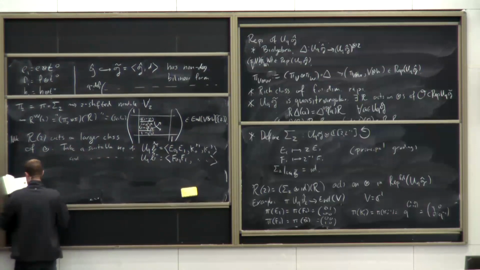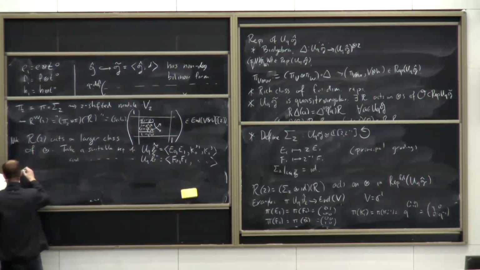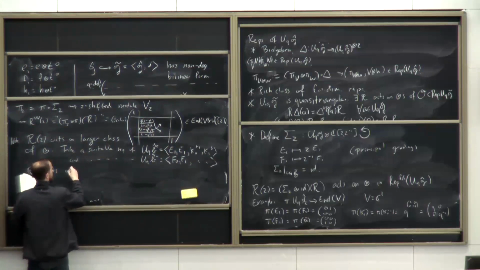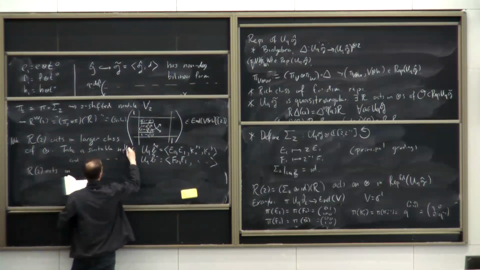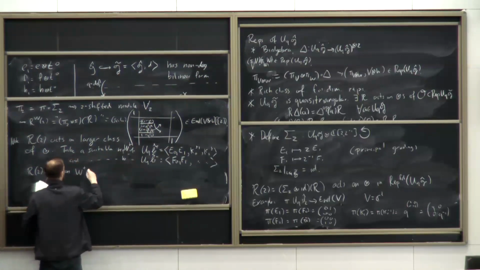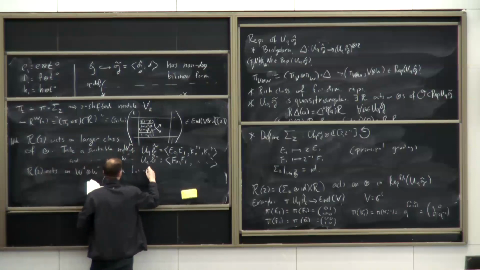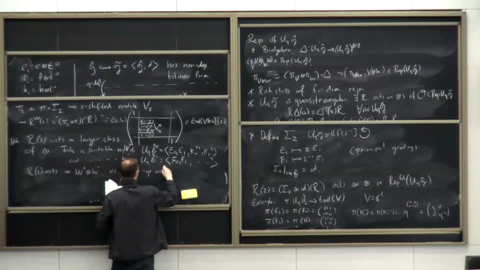So you get this R(z) acts, let's say this is W plus, W minus, as a linear operator valued power series.